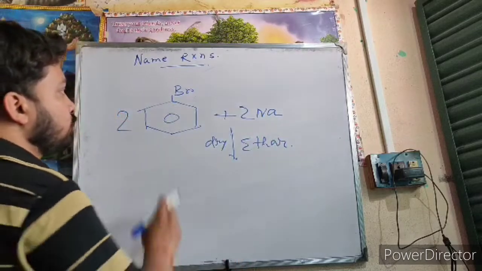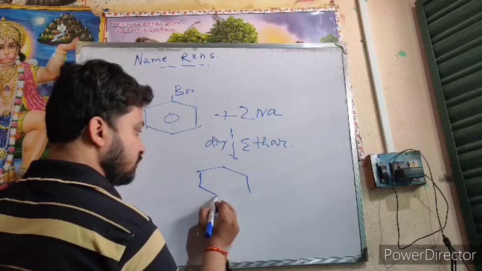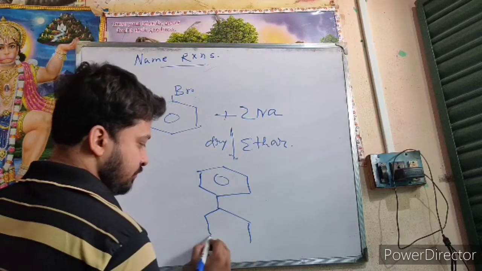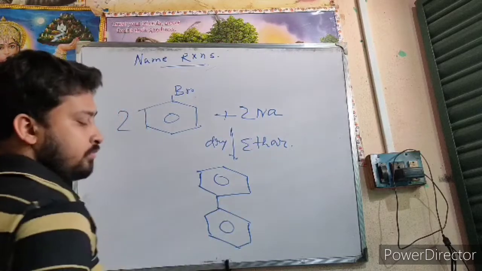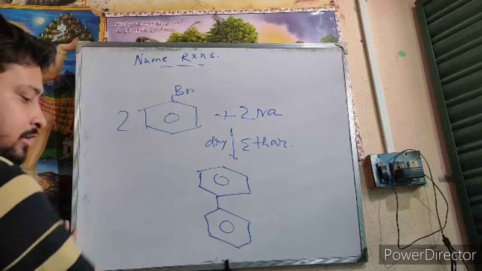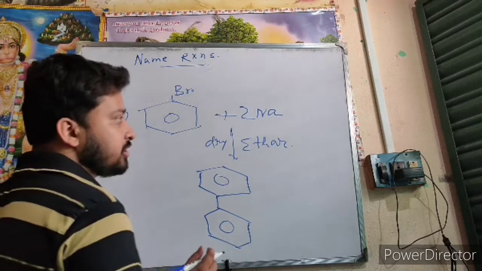NaBr is removed, so there are 2 arenes that you can join in this way. Biphenyl. This is the Fittig reaction. This is also a very important reaction.